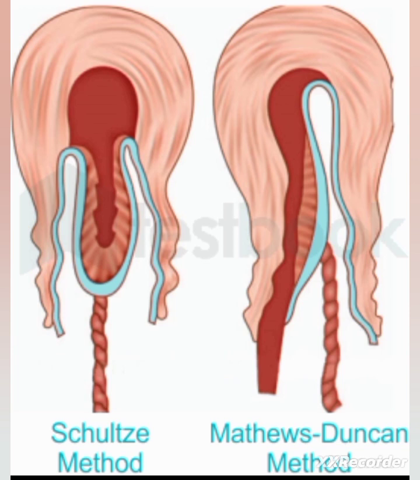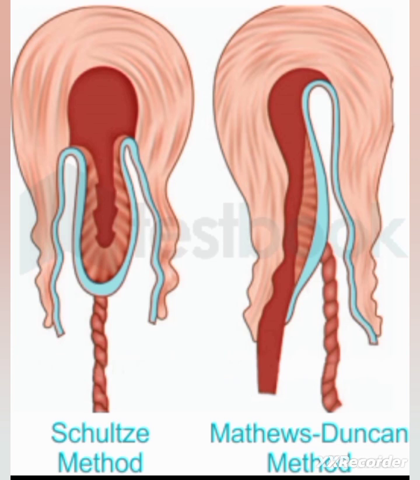With progressive uterine contraction, more and more areas of the placenta get separated. Marginal separation is more frequent. The placenta is gradually detached and separated.